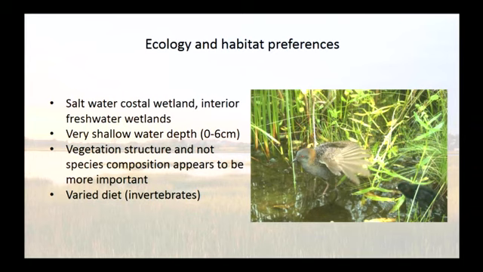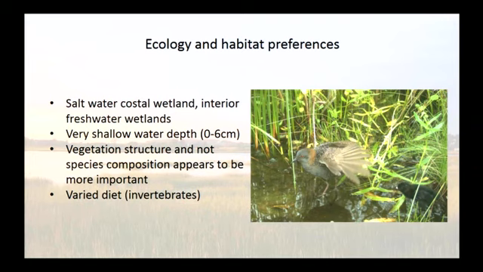They are actually pretty specialist in their habitat preferences. So they'll live in saltwater or interior freshwater wetlands, but they really require very, very shallow wetlands. Something like 0 to 6 centimeters of water is all they can tolerate, because they're pretty small, as I showed you.